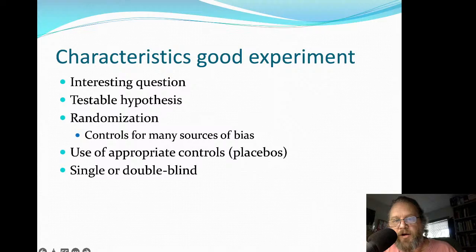The other part about an experiment is coming up with appropriate controls. You may be more aware of the idea of control when, for example, you're doing a test of a new drug, you give people what's called a placebo. And the placebo is the same in every way as the drug, but it lacks the active ingredient.